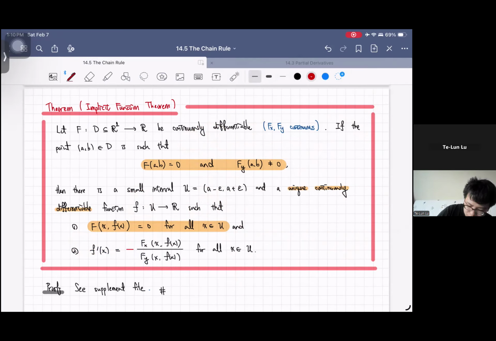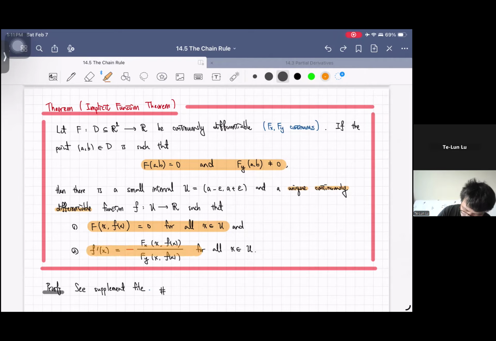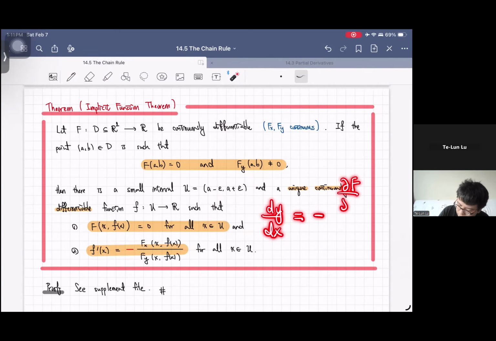Okay, so it is minus fx divided by fy. So in a better notation, I'm basically saying that the derivative of y with respect to x on that curve, F(x, y) being 0, is given by this expression.